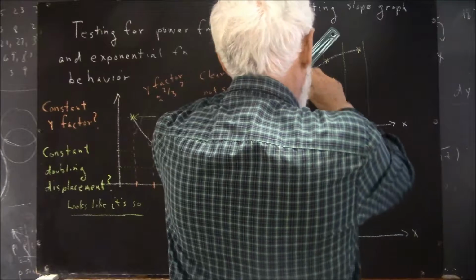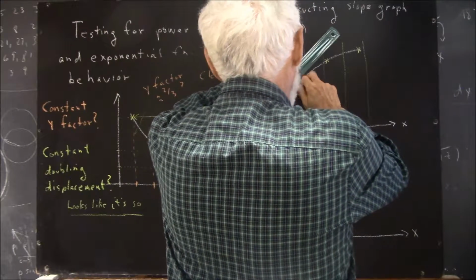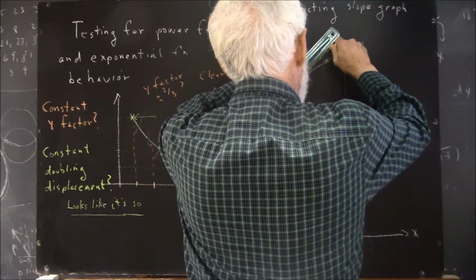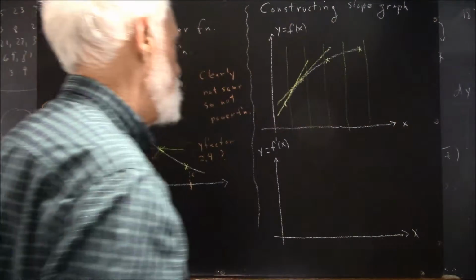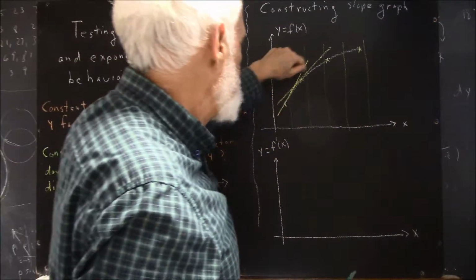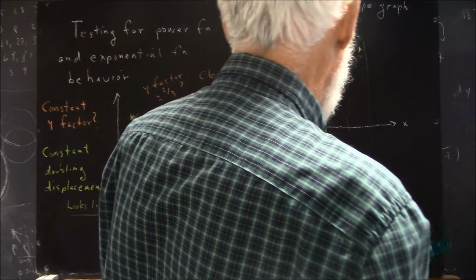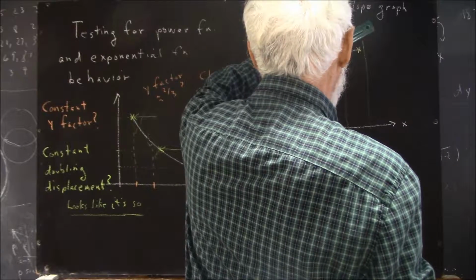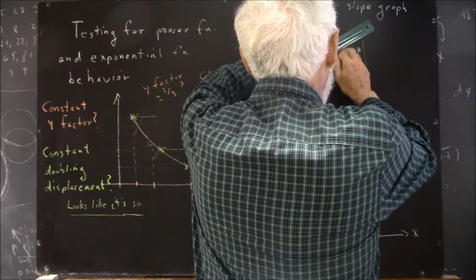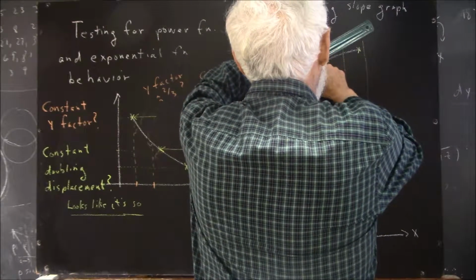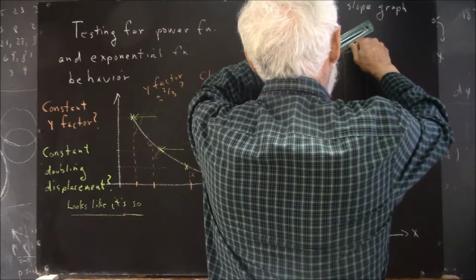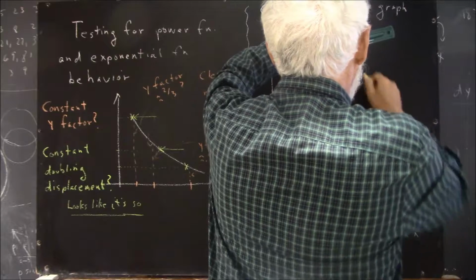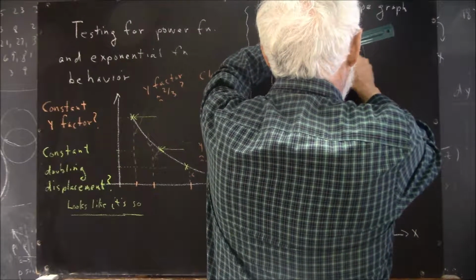Okay, now I'll construct a tangent line here, and I'm not sure I'm really constructing in the compass and straight edge sense, but I pretty much am. And of course this one crosses two of these vertical lines, but that's harmless. Then I'm going to construct one here. And I'm going to construct one here.